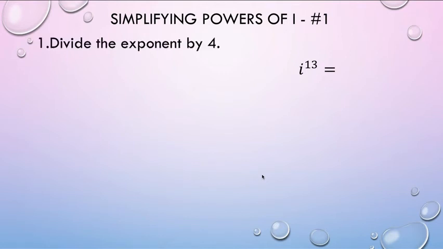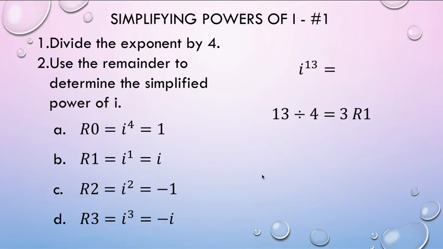So we would divide the exponent by 4. 13 divided by 4 gives me 3 with a remainder of 1. And then I can use that remainder to determine the simplified power of i. So if I have a remainder of 1, that means I had 1 i left over, which means i to the 13th just equals i.